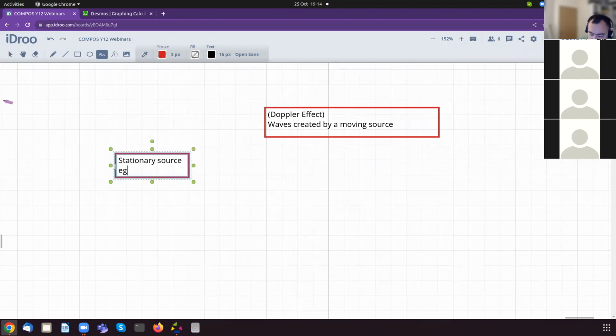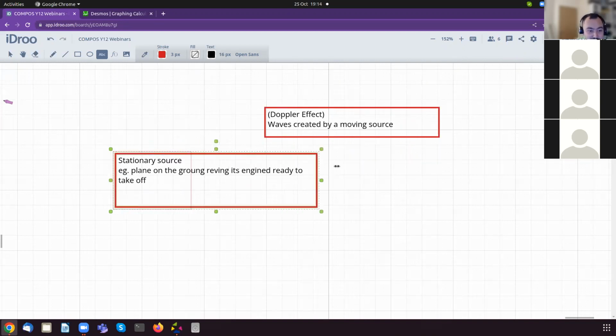Example: a plane on the ground revving its engines, ready to take off. Every plane before taking off does a power check. They engage the brakes, switch on the engine, and see if the engine works properly.